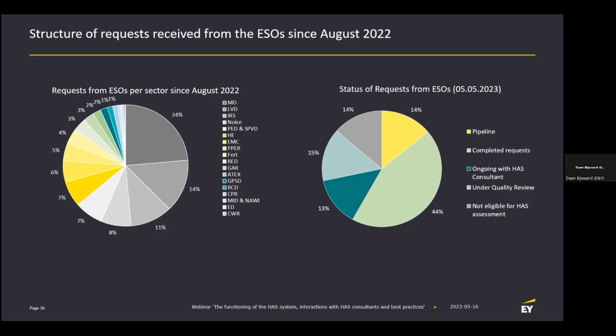The remainder are either in the pipeline, ongoing with the HAS consultants, or in quality review. I can explain a bit what that means. Pipeline means that they have not yet been designated to a consultant. This is usually a very brief stage, apart from a couple of sectors where we have a backlog.